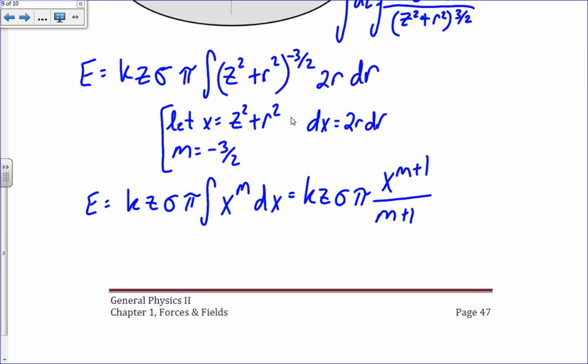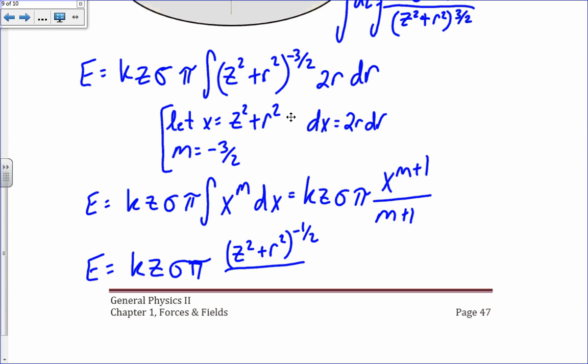Now if I make those substitutions back in, I get E equal to kz sigma pi times z squared plus r squared to the negative 1/2, divided by negative 1/2.